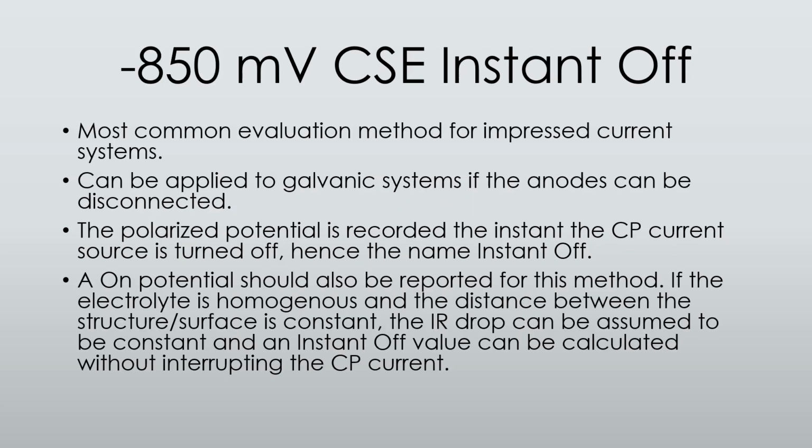The -850 millivolt instant off criteria is going to be used for impressed current systems. It can be applied to galvanic systems if a tank has been retrofitted with new anodes, and if the anode connection is made at the top of the tank, you can disconnect the anodes and get an instant off reading. The polarized potential is recorded the instant that the CP current source is turned off, hence the name instant off.